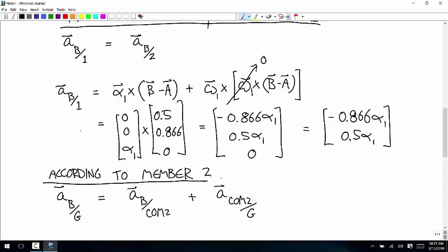We could choose anything as this second frame of reference.